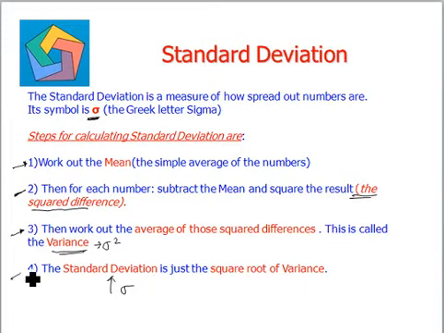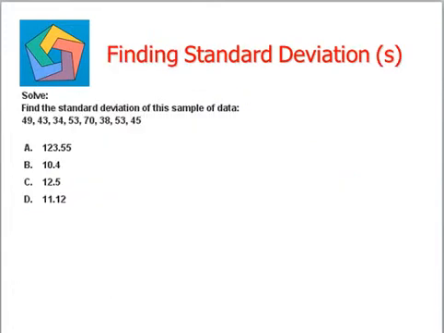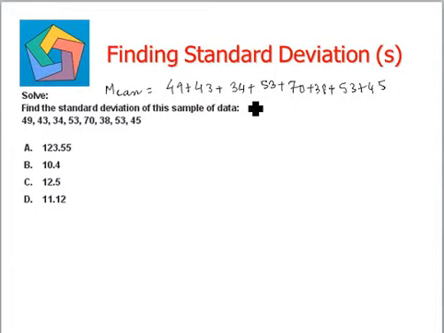Let's understand these steps with the help of some examples. The first one says solve: find the standard deviation of this sample of data. So our first step is we find out the mean. To find the mean, we simply add all these numbers: 49 plus 43 plus 34 plus 53 plus 70 plus 38 plus 53 plus 45, divided by how many numbers there are: 1, 2, 3, 4, 5, 6, 7, 8.